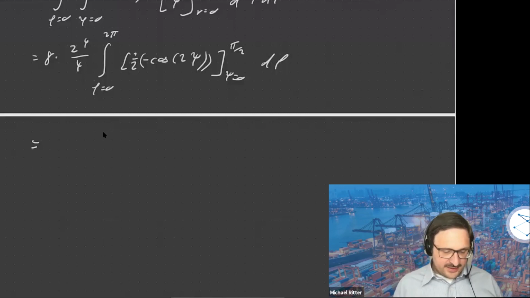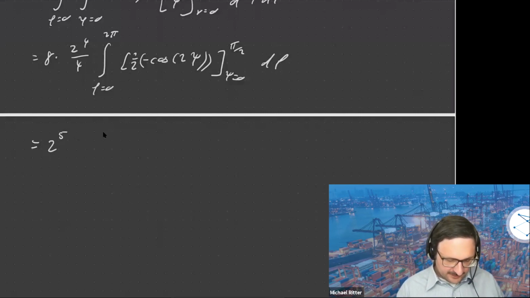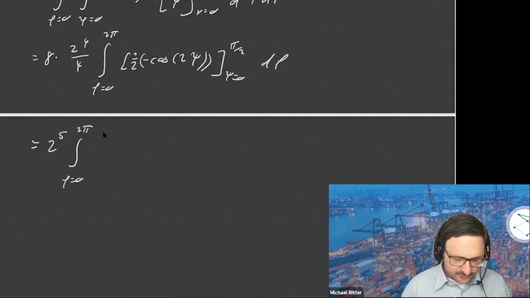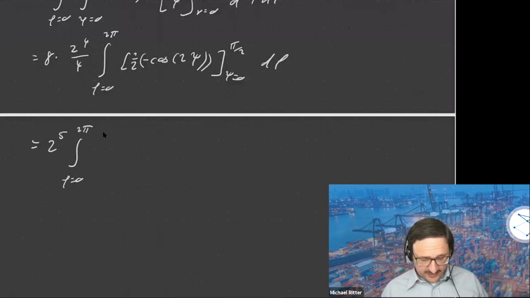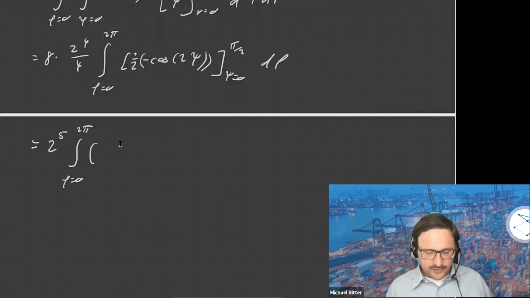Okay, now let's see, 8 over 4 is 2, so we have 2 times 2 to the fourth, that's 2 to the power of 5 then, times the integral from phi equals 0 to 2 pi. And what do we get for the cosine here? Let's see, 2 times pi over 2 is pi.